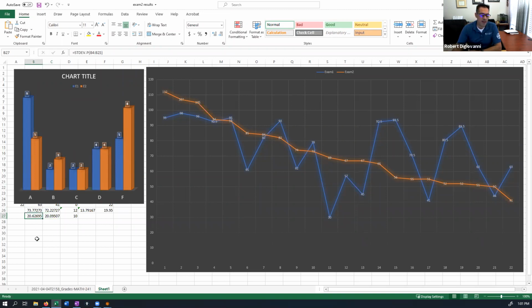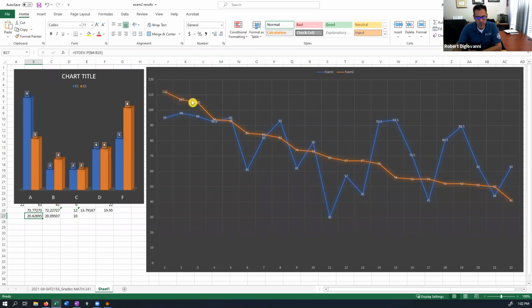So what that's telling me is that the average is about the same and the standard deviation is about the same. Not a whole lot changed from exam 1 to exam 2. But there were some other pretty dramatic changes. This chart on the right shows every student who took the exam that I graded.